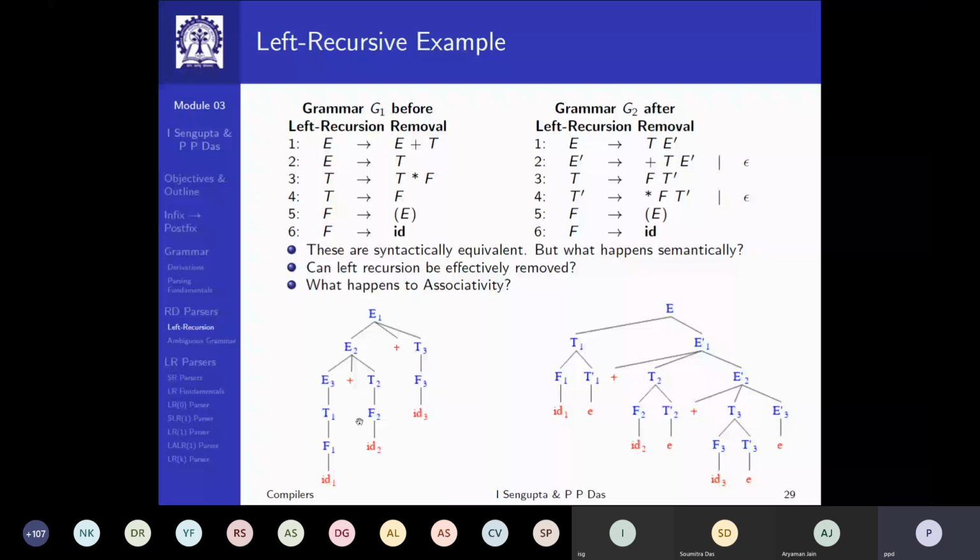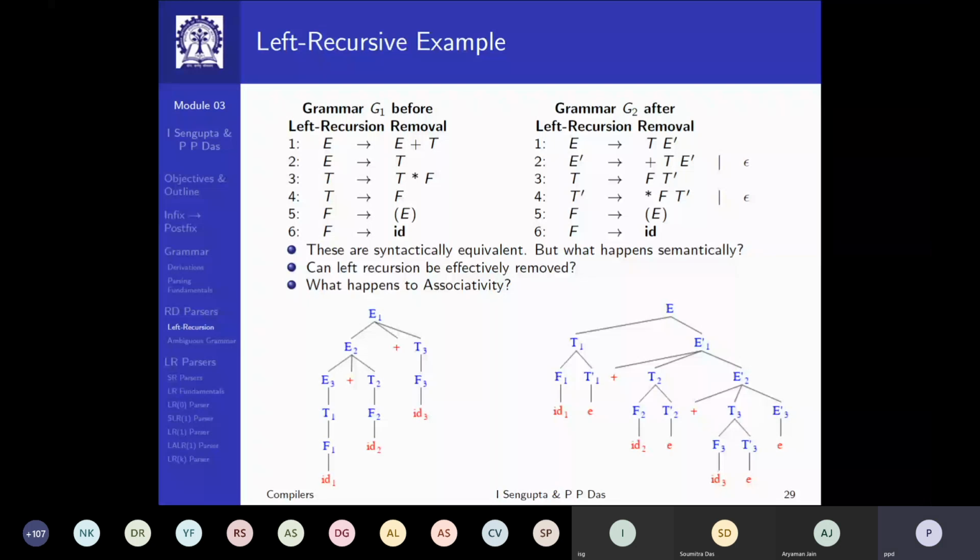This plus is lower down in the tree, so it has to happen earlier in the computation. So unless you do this plus, you cannot do the other plus. Which tells me that between ID1 plus ID2 plus ID3, the first addition has to happen necessarily earlier than the second one, which makes plus a left associative operator. That's what this grammar is saying.